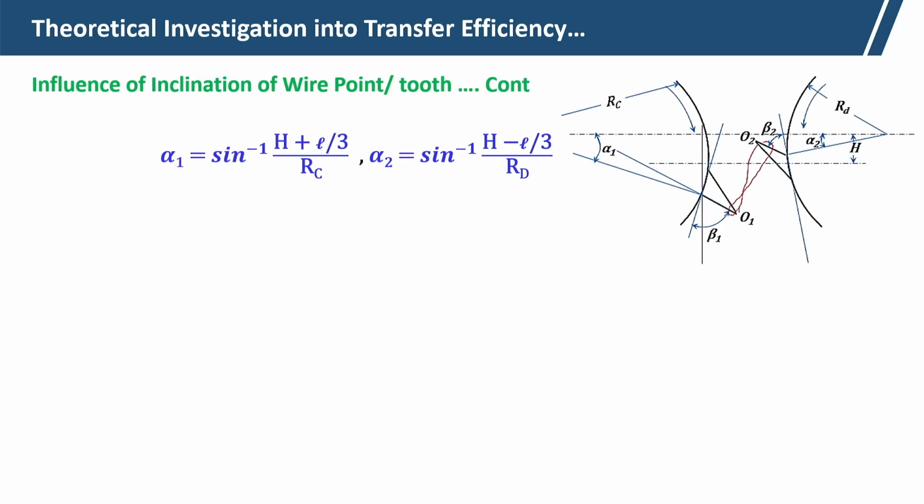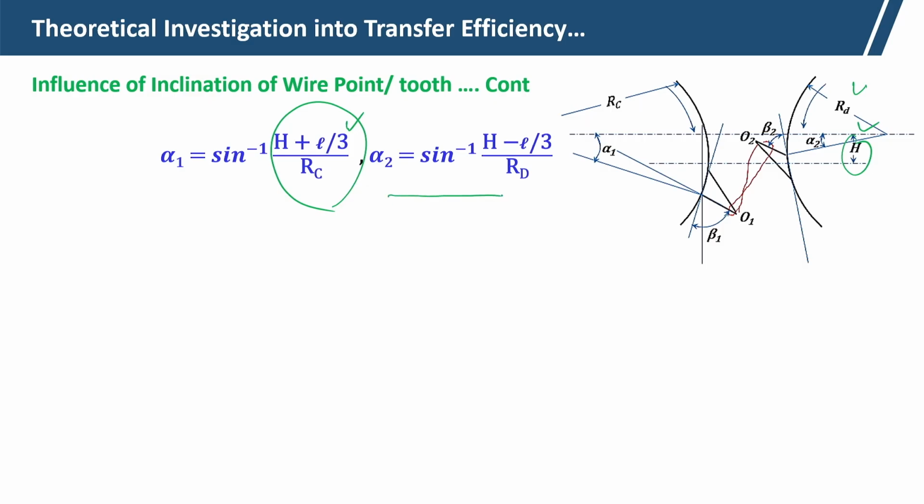Now here alpha 1 we can calculate, sin alpha is h by Rc. So, from geometrical derivation we can calculate h. So, alpha 1 is equal to sin inverse of (h plus L by 3) by Rc. Through the derivation we can do, we are not going to go into the detail of derivation.